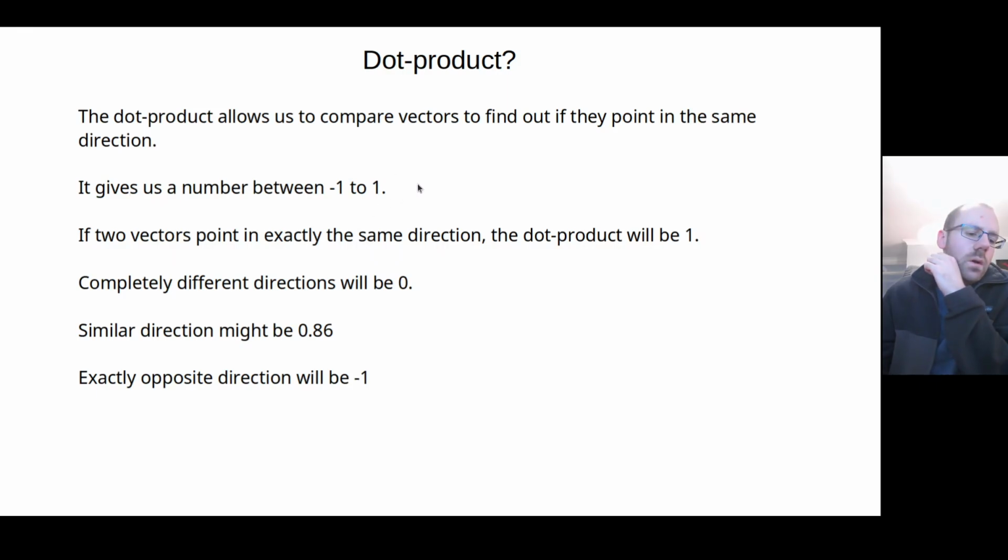So if your output is 1, that means the two are identical. If the vectors are pointing in completely tangential directions, it will be 0. Similar directions might be like 0.86 or something, and if they're pointing in opposite directions, you'll get -1. So it just gives you any number between -1 and 1 to tell you to what extent your two vectors point in the same direction.